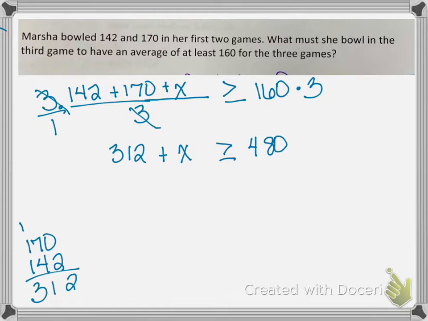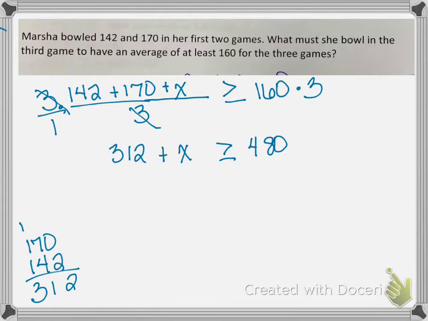A very common mistake here is that students don't multiply by the 3. So be sure that you're multiplying both sides by whatever is in that denominator. That's the first mistake that students make.